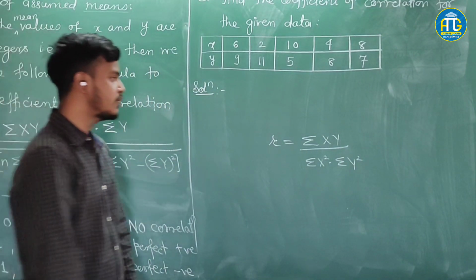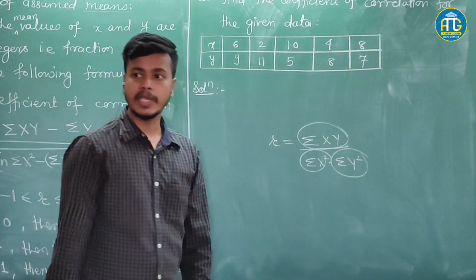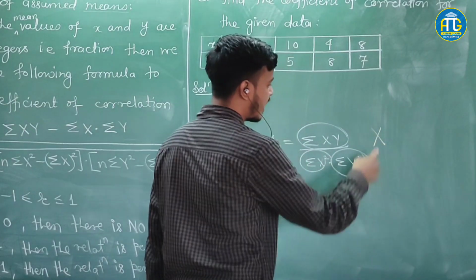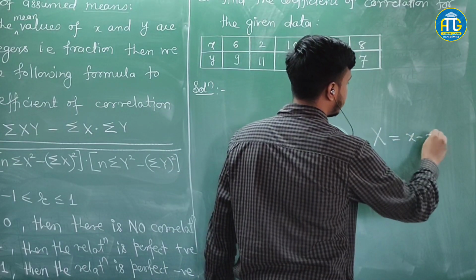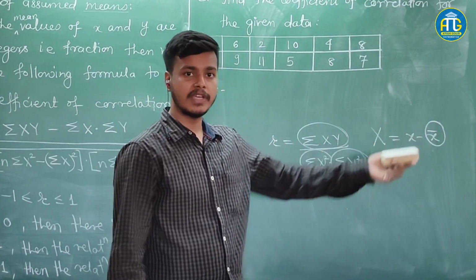So I need to find the summation values of all these. For that, I first need to find capital X, for which we need x bar, and likewise for y.